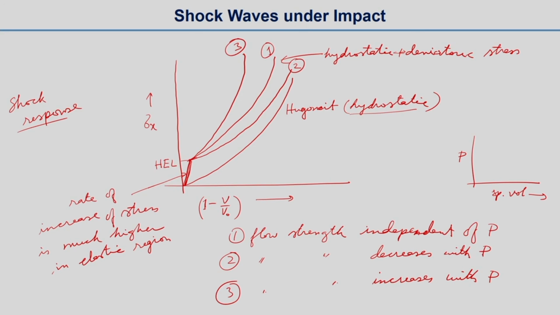So, that is all for today. If you try to remember, in the previous lecture we also discussed the impact of a projectile with a target, that is a planar, parallel and normal impact. In today's lecture we discussed a couple of numerical examples on how to determine the pressure, and even a graphical method called the impedance matching technique.